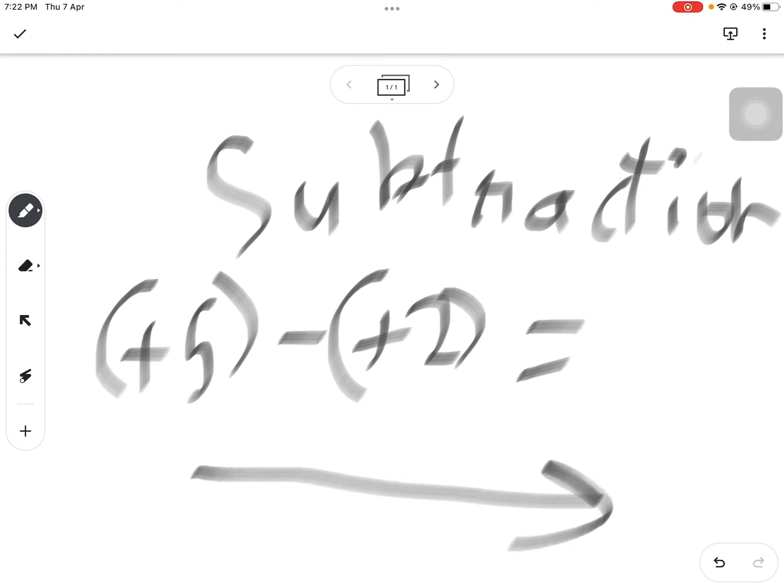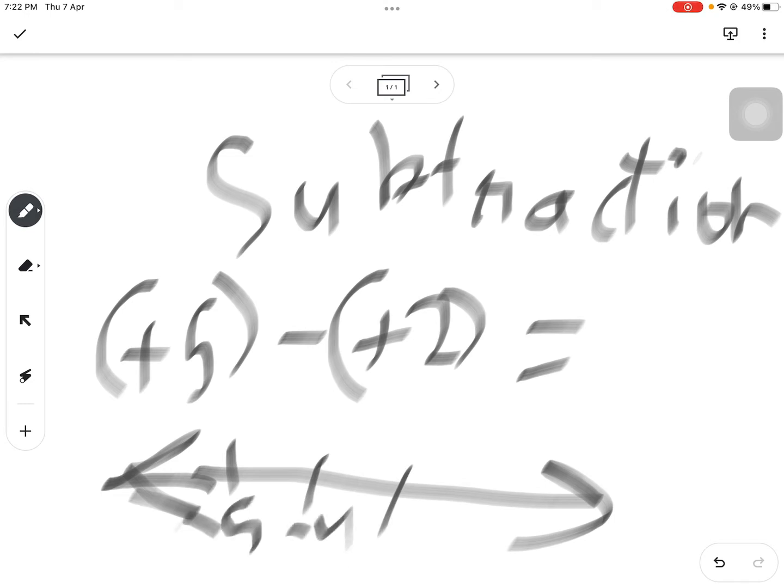I'll show you guys. So this is 5 and then 1, 2. -5, -4, -3. The answer will be +3 because it's supposed to be positive. We are doing it by a positive number.